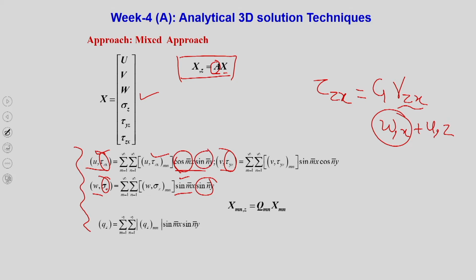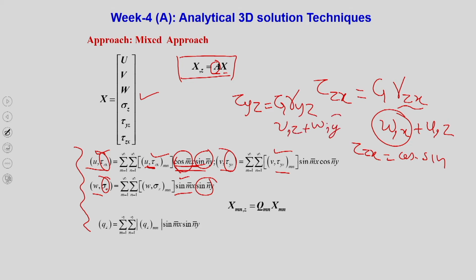If you talk about u comma z, it is a function of z, so cosine remains the same. So, tau zx should be a function of cos and sine. Similarly, you talk about yz. So, tau yz is G times gamma yz, so basically v comma z plus w comma y, along the y direction a cosine function.